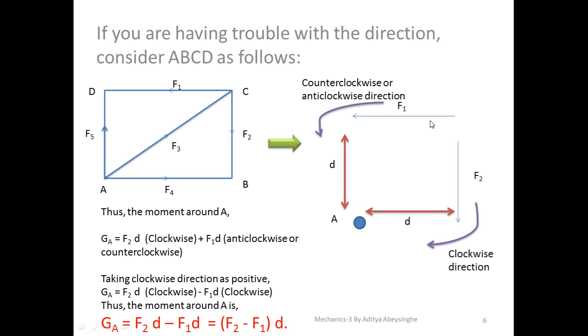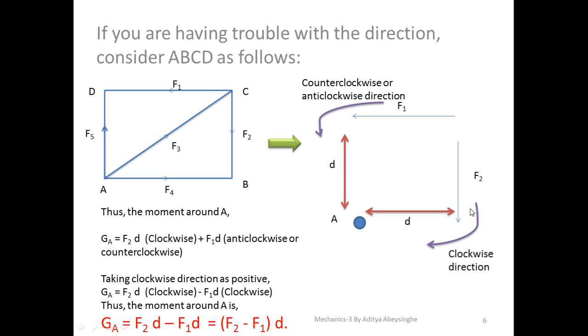So for these reasons, you can say that F1 creates a moment around A in an anti-clockwise direction. In contrast, F2 makes a moment around A in a clockwise direction. So finally you again get the moment around A to be the difference of F2 and F1 times D.